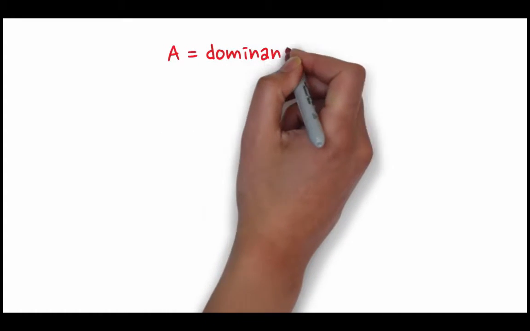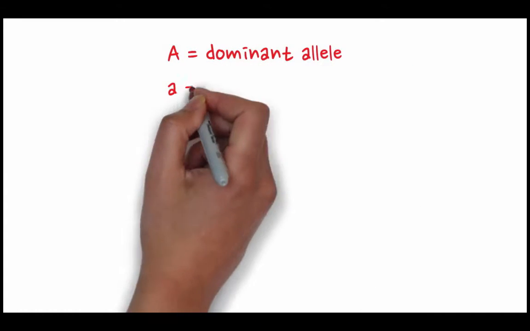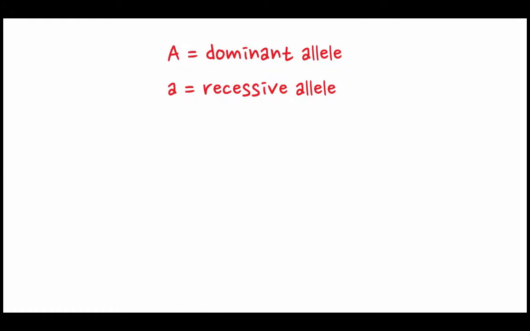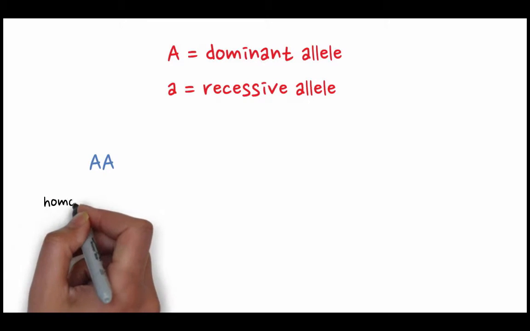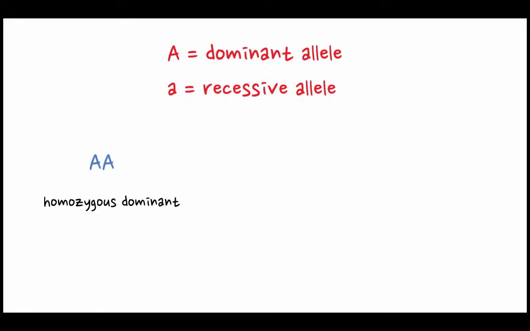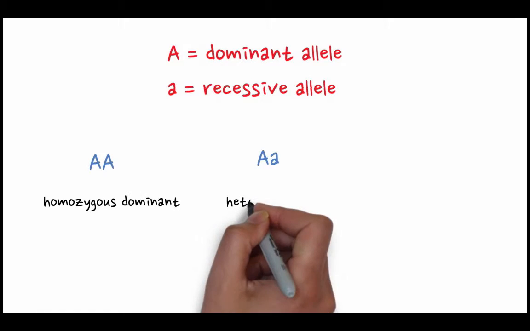We will use capital letters to represent the dominant allele and lowercase letters to represent the recessive allele. Big A, big A represents the homozygous dominant. Big A, little a represents the heterozygous.